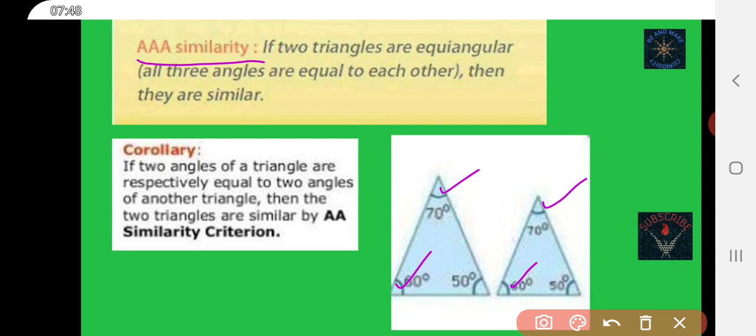Okay, or you may write this angle is equal to this angle, then you can say AAA similarity criterion is satisfied. So two triangles are similar.